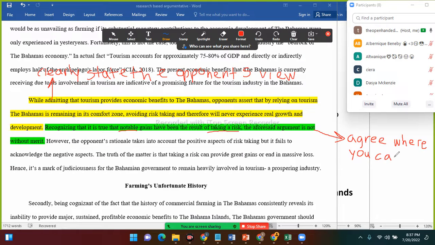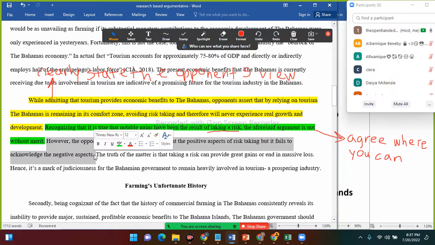Okay, so the first thing, I clearly state the opponent's view, and the next thing I do is I agree where I can. Okay, go ahead. Sierra, read the next sentence.